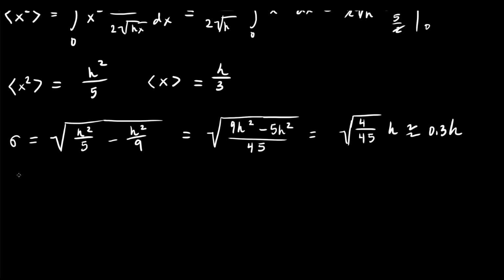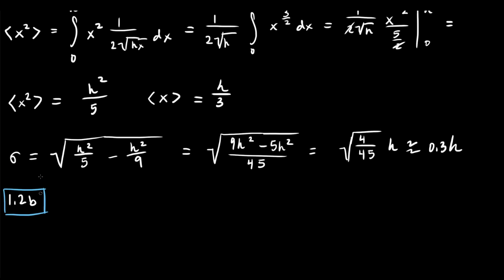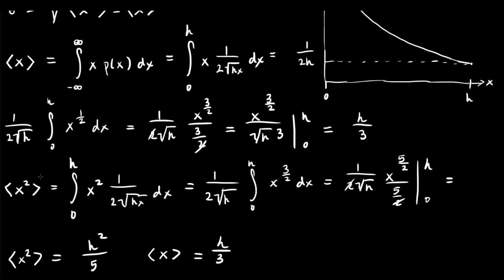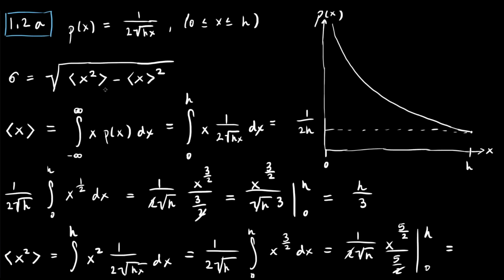We finished question 1.2a. Now for question 1.2b, it asks us to find the probability of finding the particle outside of the standard deviation. We know that the expectation value of x is h over 3, so it's 1/3 of the way to h. We'll just say it's somewhere here.